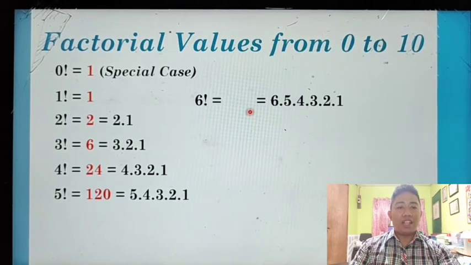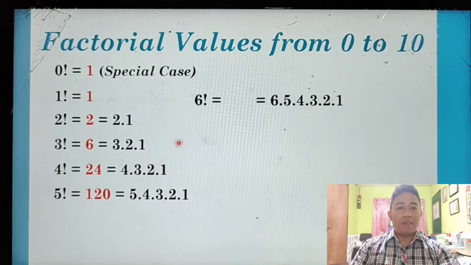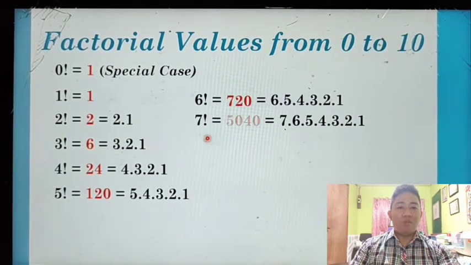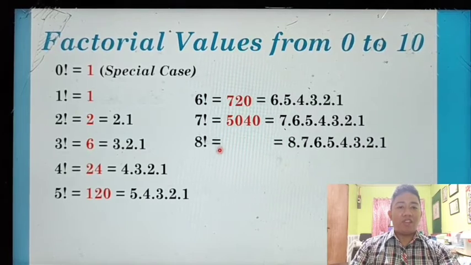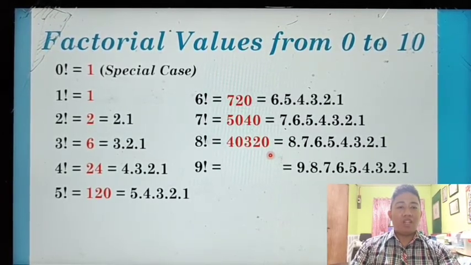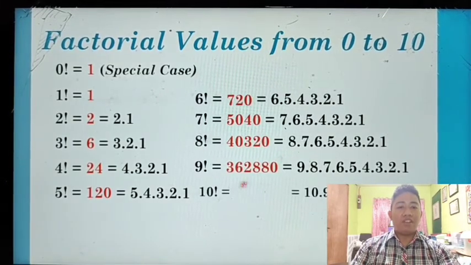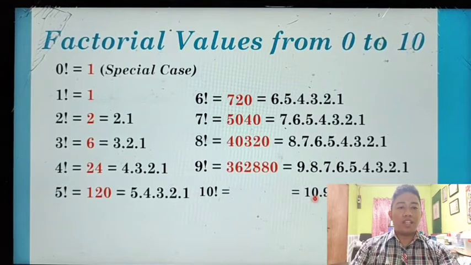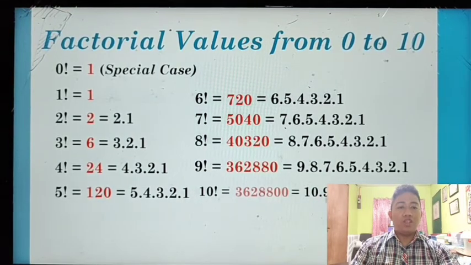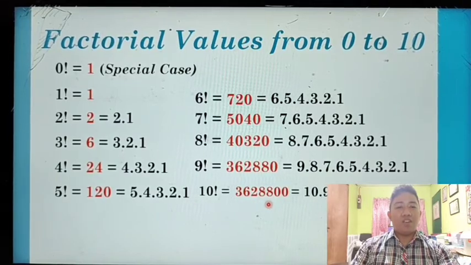We know the value of 5 factorial is 120, multiplied by 6, which is 720. 7 factorial is 5040. 8 factorial is 40,320. 9 factorial is 362,880. And 10 factorial, we express as 10 times 9 times 8 until 1, which is 3,628,800.